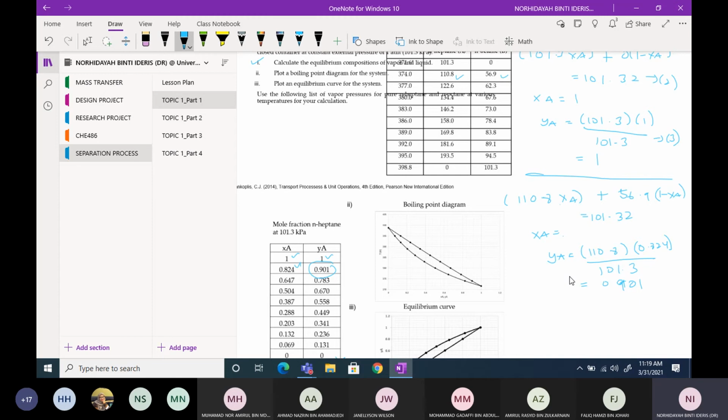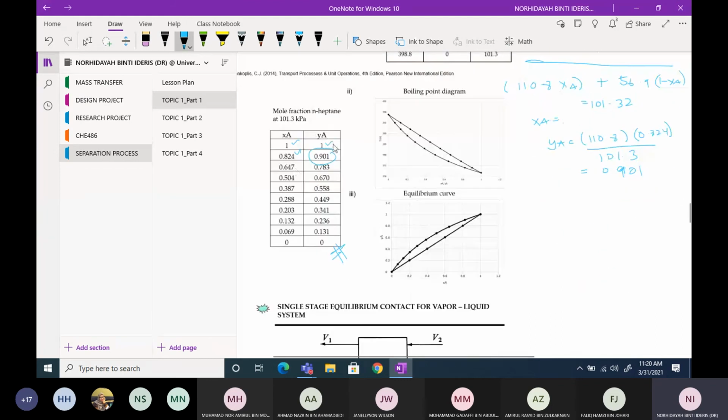Now, no problem. For those who are faster and have finished calculating this data, can you open your Microsoft Excel and try to plot these two diagrams, the boiling point diagram and the equilibrium curve? Can you get a figure like this?